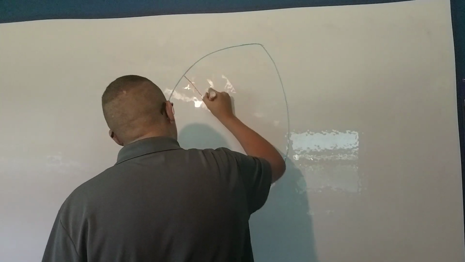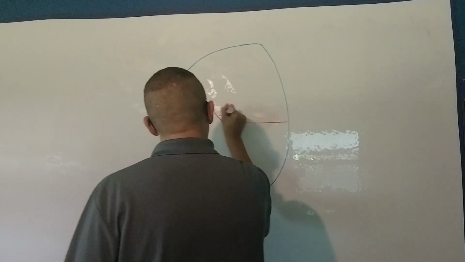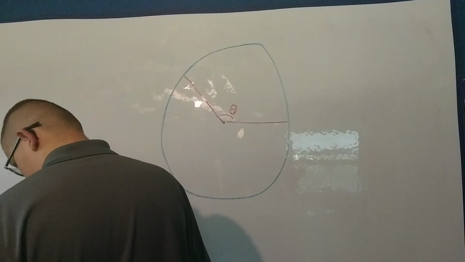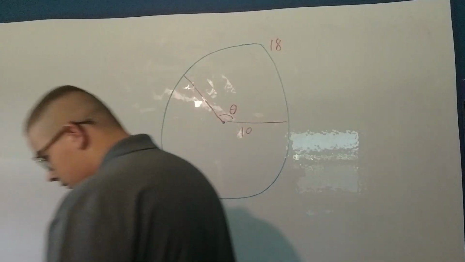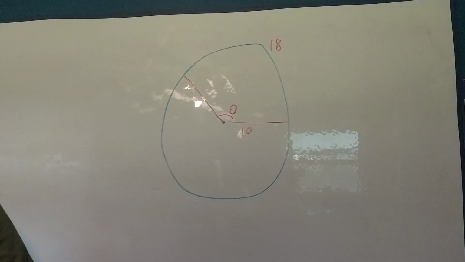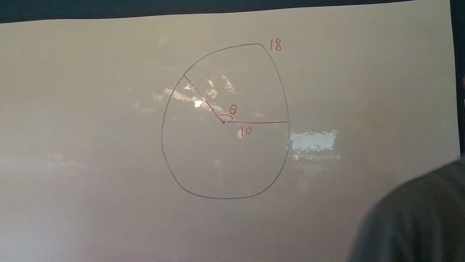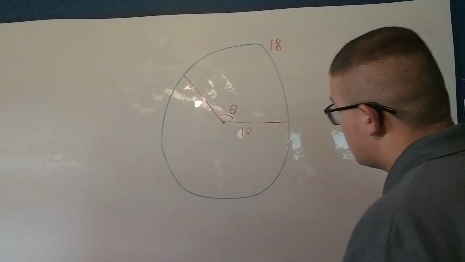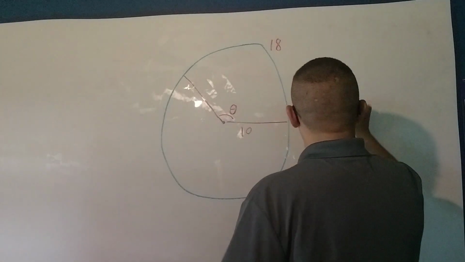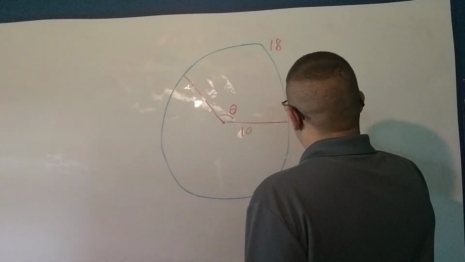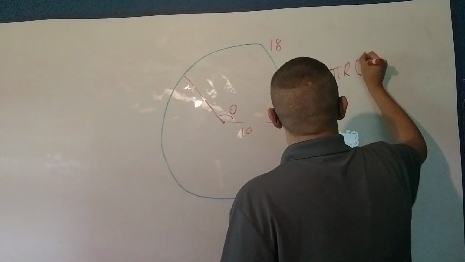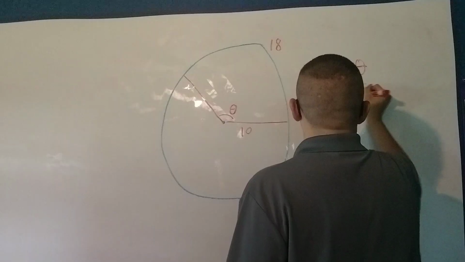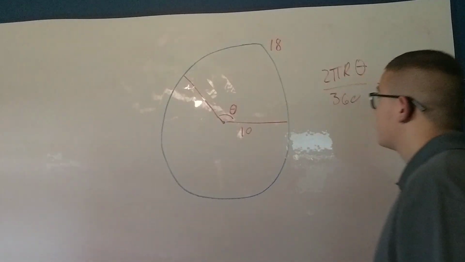If I have this, we have this arc length is 18, and the radius is 10, and I want you to solve for theta. Well, if we go back and remember our formula from earlier, 2 pi r theta over 360 equals S, right?